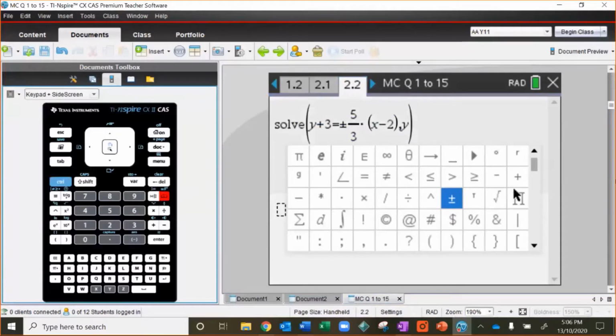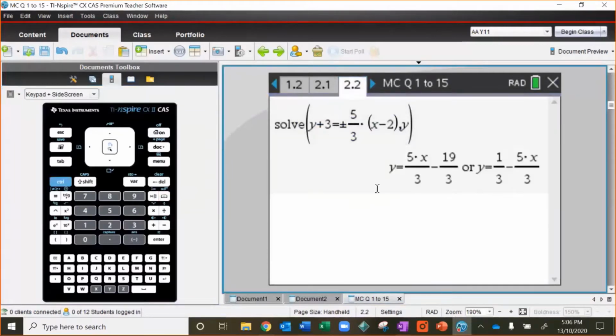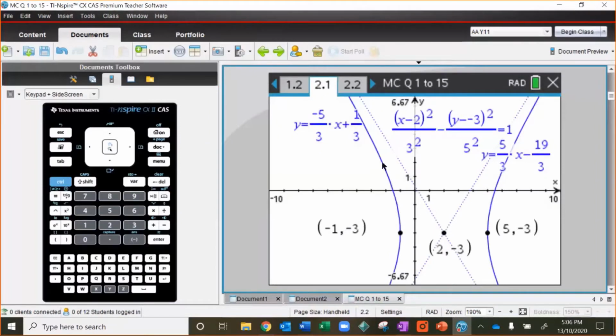So that's a trick we could use here, and then it will give us 2 asymptotes. But clearly it's easier to actually use the asymptotes, and you can also ask for the vertices using analyze conics, and you can ask for the center. So these are some of the advantages using the graph screen for those types of questions.